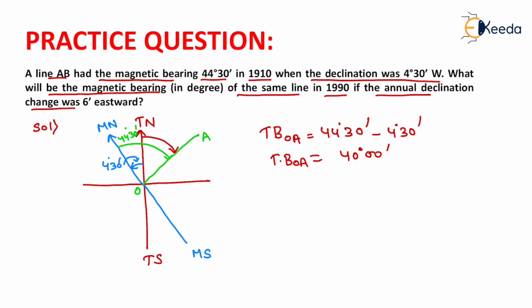Now it is given in the question that annual declination change was 6 minutes eastward. It means that in 1 year the declination was 6 minutes eastward. So from 1910 to 1990, what will be the total number of years? From 1910 to 1990, it will be equals to nothing but the 80 years.